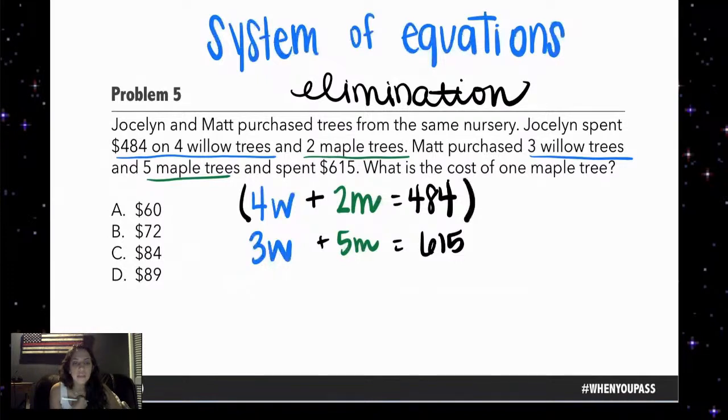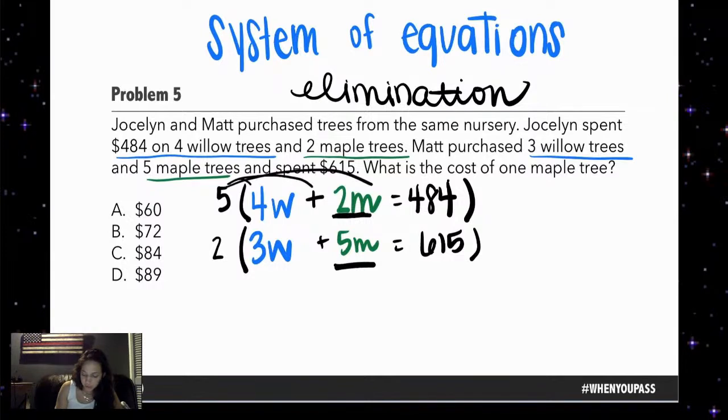I'm going to eliminate the M's. So I'm going to multiply the top by 5, and I'm going to multiply the bottom by 2. Because if I multiply the top by 5, that becomes a 10. And if I multiply the bottom by 2, that becomes a 10. And then I can subtract them, okay? But I'm going to multiply everything.